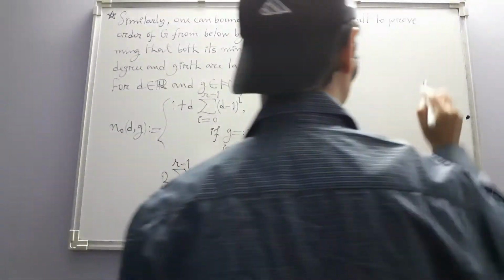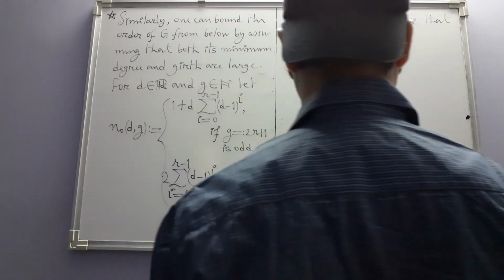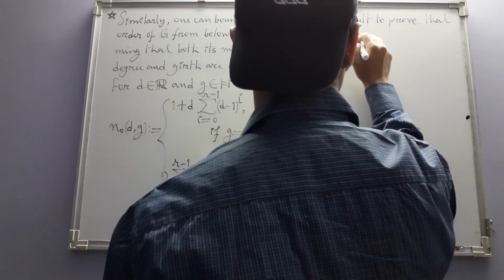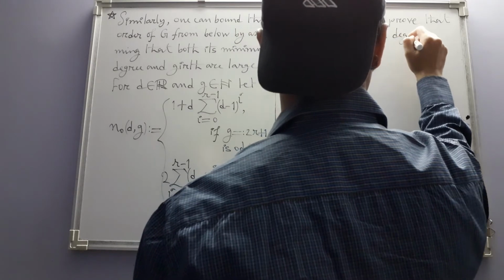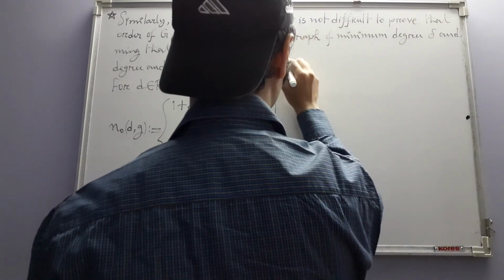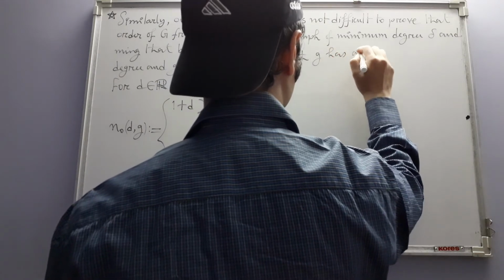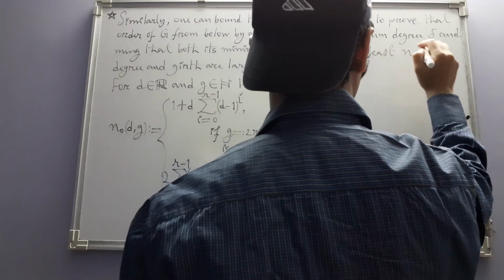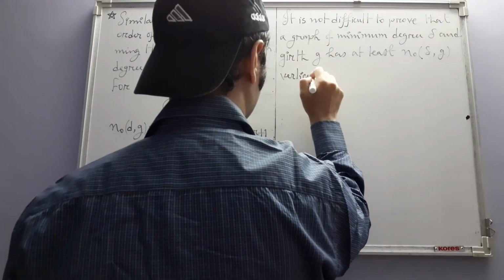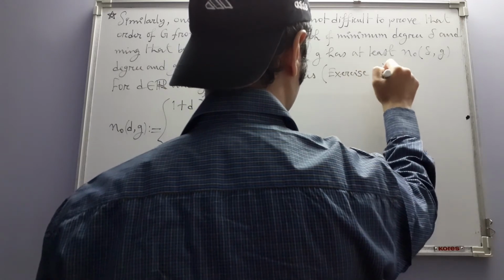It is not difficult to prove that a graph of minimum degree delta and girth g has at least this many vertices, n naught of delta comma g, and we will do this in exercise 6.